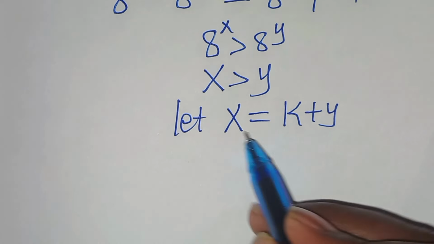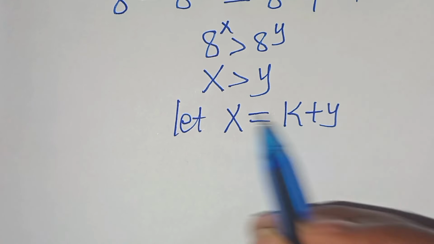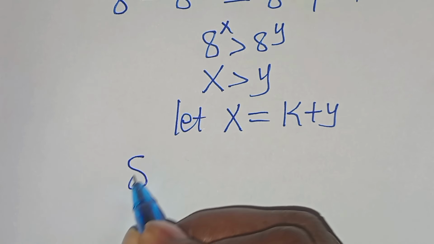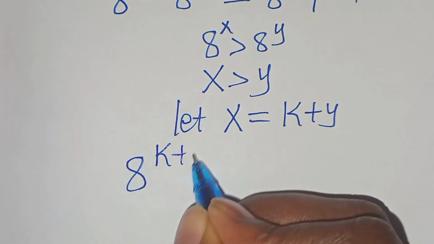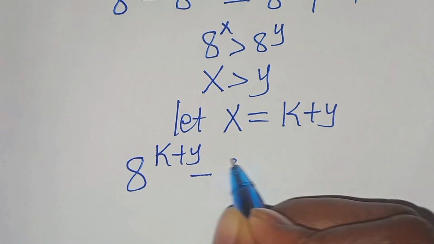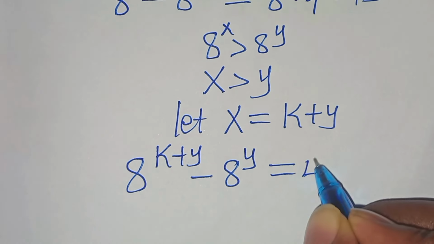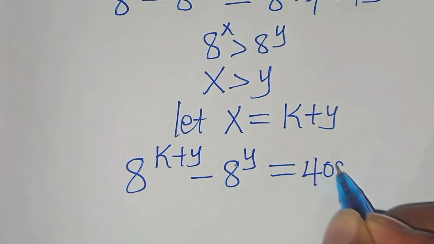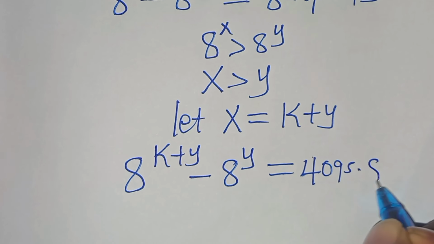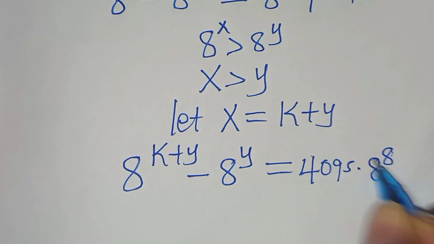Let's substitute x with k plus y, so that we have 8 to the power of k plus y, subtract 8 to the power of y, equal to 4095 times 8 to the power of 8.